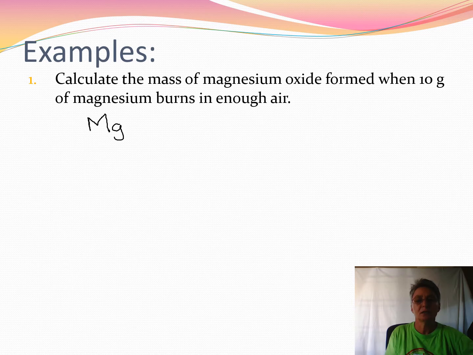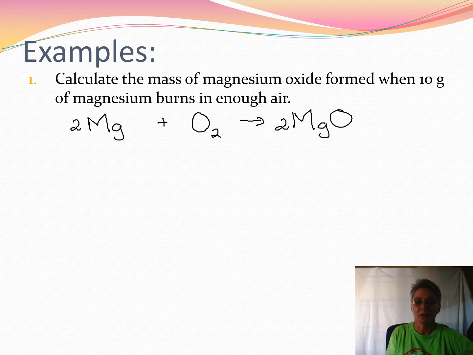So magnesium is going to react with the oxygen in the air to make magnesium oxide. And to balance the equation, I need 2 oxygens on both sides of the arrow, and we need 2 magnesiums on both sides of the arrow. So the mole ratio is 2 moles to 1 mole to 2 moles.